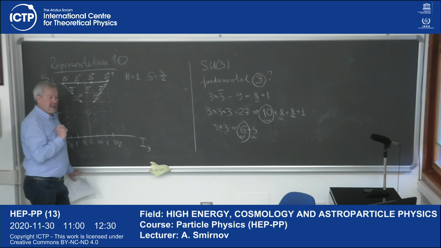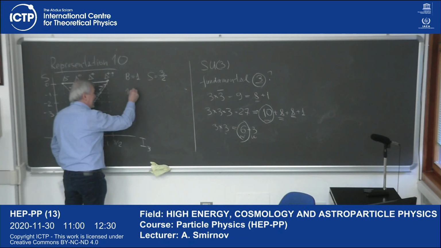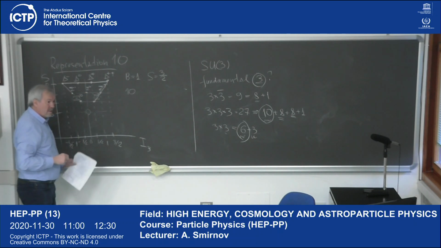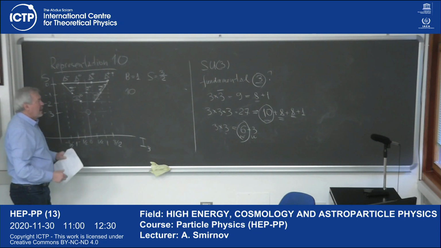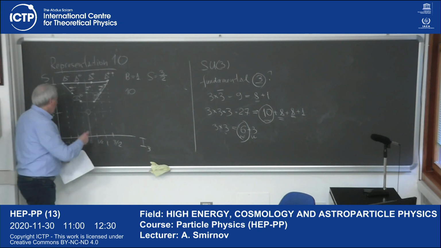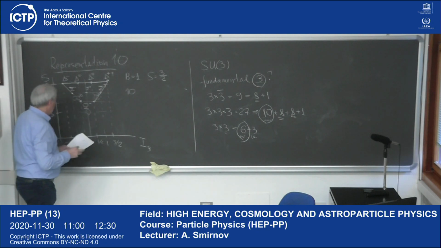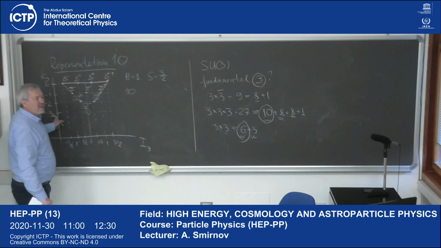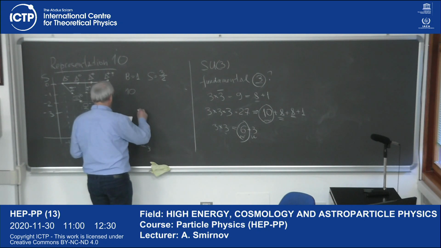And then the idea was that probably another particle exists, so that altogether in this family there are 10 components, and then they form the decuplet of the SU3 group. Then it can be very nicely embedded in our SU3 flavor group. So this particle omega minus with strangeness -3 has been eventually discovered.